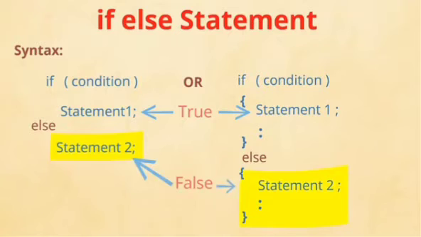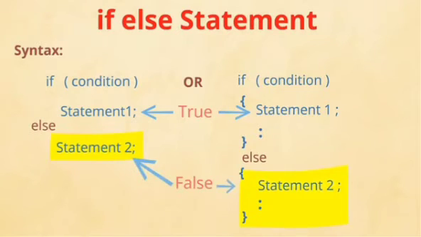If more than one statement, curly brackets are needed. If the condition is true, statement 1 works. If the condition is false, statement 2 works. Each statement ends with a semicolon.